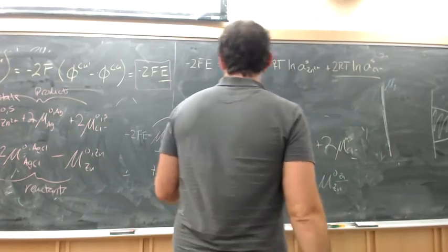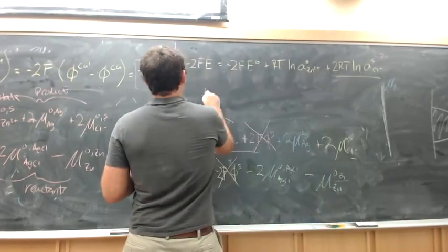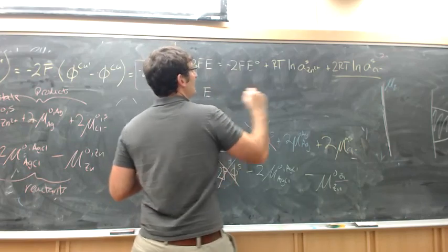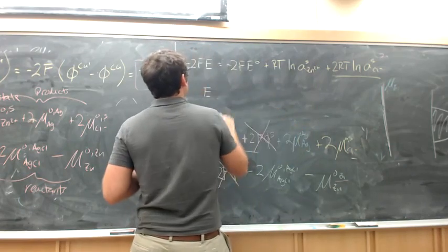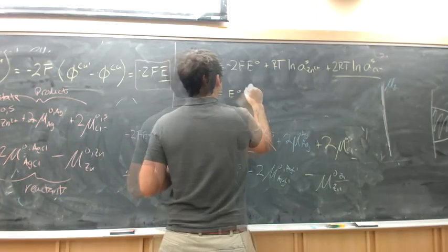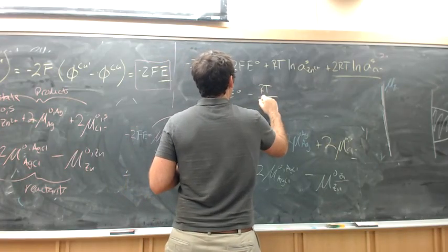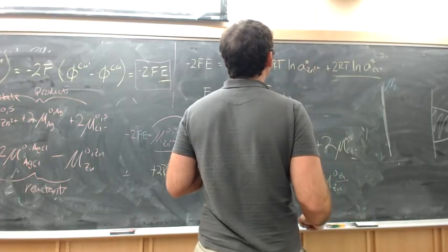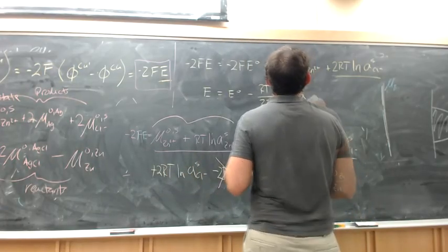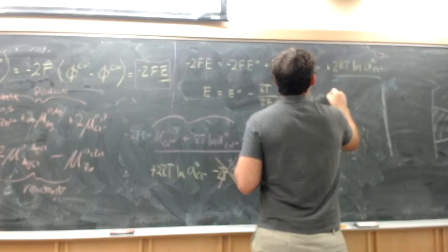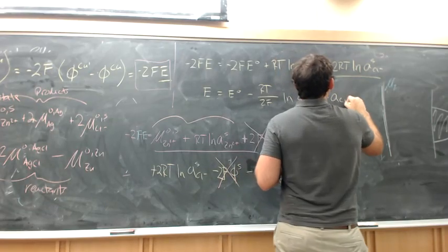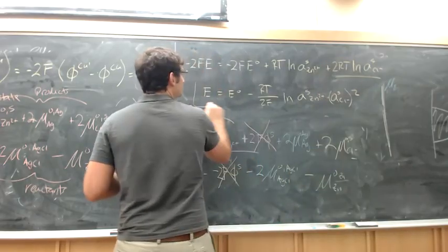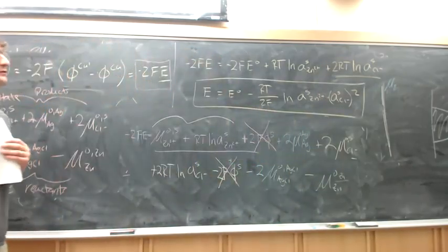Then I can rewrite this in a form for E. I divide by negative 2F and combine the logarithms: E equals E naught minus RT over 2F ln of A zinc 2+ times A Cl- squared. Which is actually the Nernst equation for the cell.